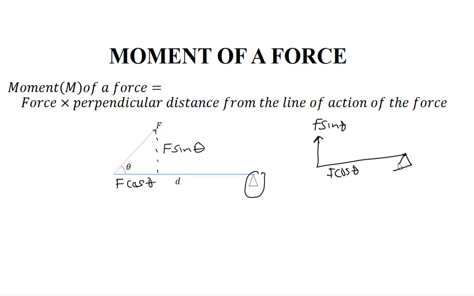This is our knife edge, and this is the distance. This distance is perpendicular to the turning point. So what's our moment now? Moment will be the force, which is now F sine theta, times D, the perpendicular distance. And so that will be F D sine theta. Now that is the moment there.